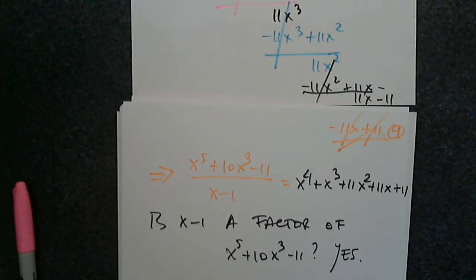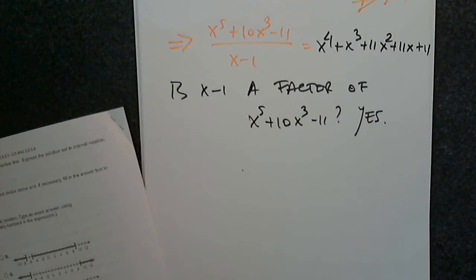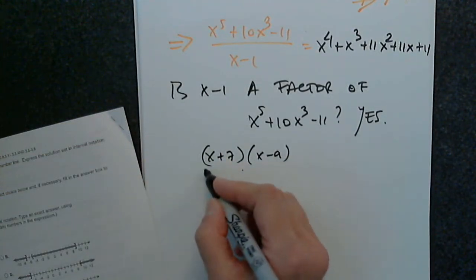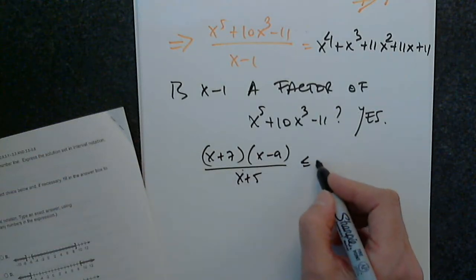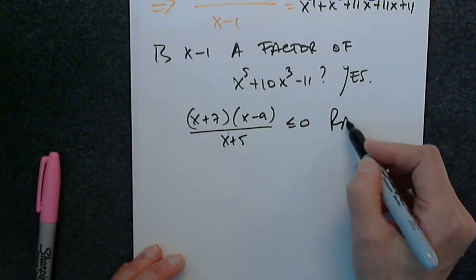Yes. So here we have what type of inequality? Very good. We have x plus 7, x minus 9, and x plus 5, less than or equal to 0. It is a rational inequality.